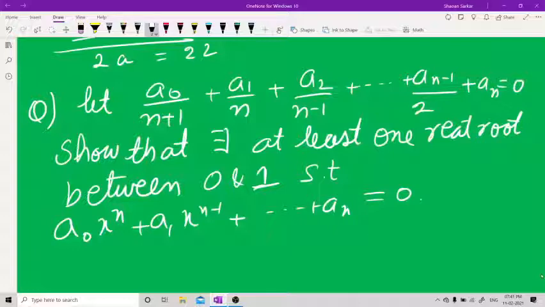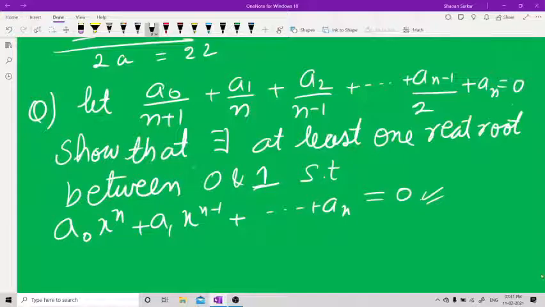This is given to me. This whole thing is equal to 0. I have to show that at least one real root lies between 0 and 1 such that this condition is 0. If this condition is 0, I have to show that this condition is 0.